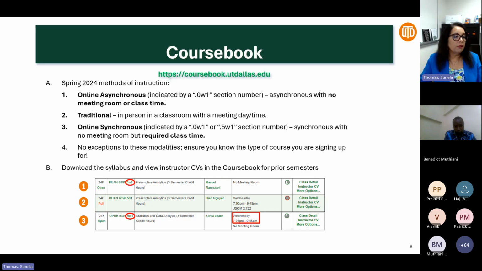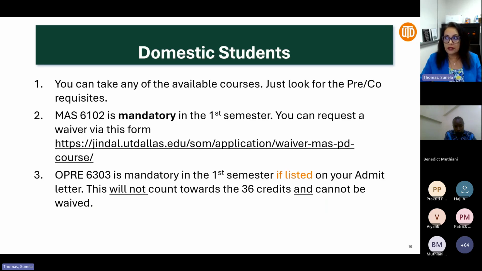Okay. For domestic students, I would still say that you can take any of the courses, but you have the 6102, the professional development course, is still a required course, if you can get a waiver, if you have enough work experience in the United States.